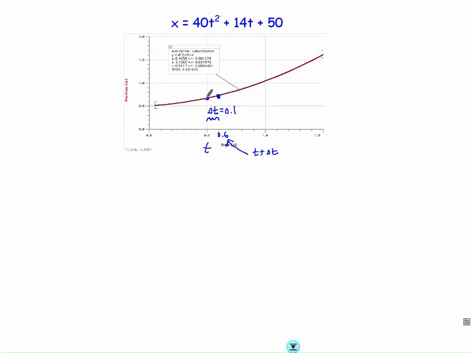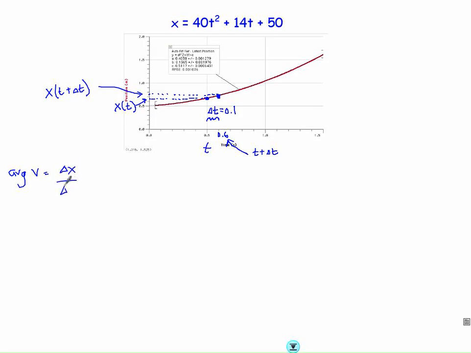Now, on the other axis, we need some x values. So over here, what's the x value? Well, it's just x at t. And what's this x value? Well, that's just x at t plus delta t. So those are our 2 x values. So now let's find the average velocity a little more symbolically.